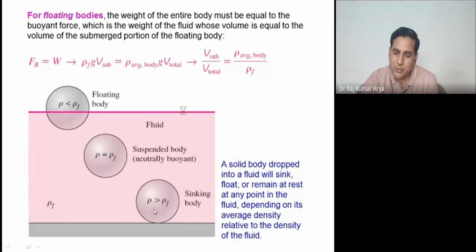Based on density only you are calculating it, because under the stability condition, your body weight needs to be balanced by the buoyancy force. Body weight is body volume into density into g, and buoyancy force is volume displaced of the fluid multiplied by density of fluid multiplied by g.